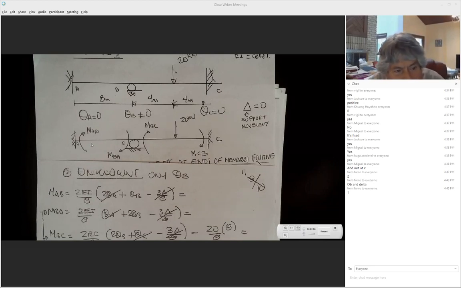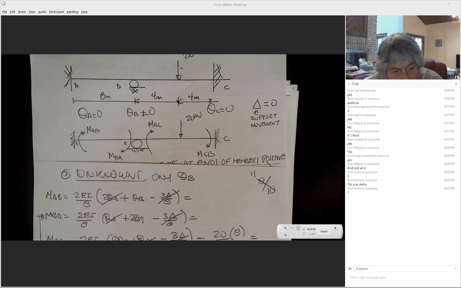So you can see MAB, 2EI over L, 2 theta A is 0, theta B is different than 0, minus 3 delta over L. We're going to compute this. When I finish computing my moment, what do I know about the moment on this side, moment BA, and the moment on this side, moment BC?